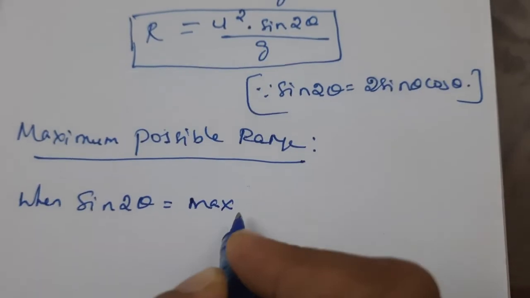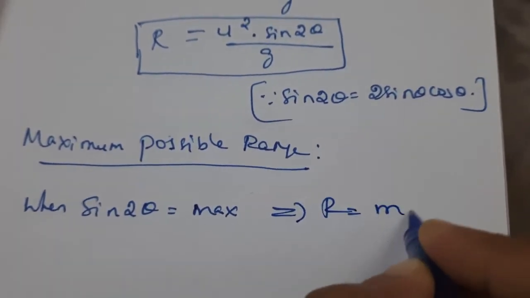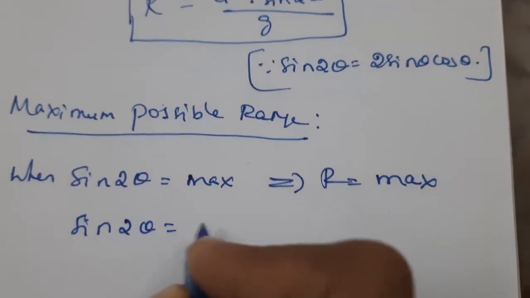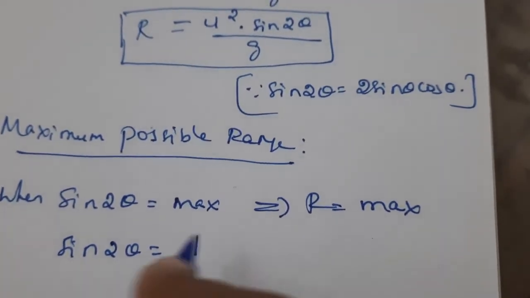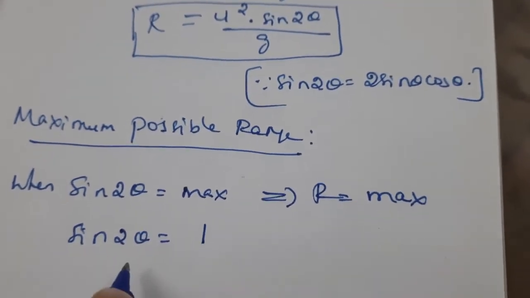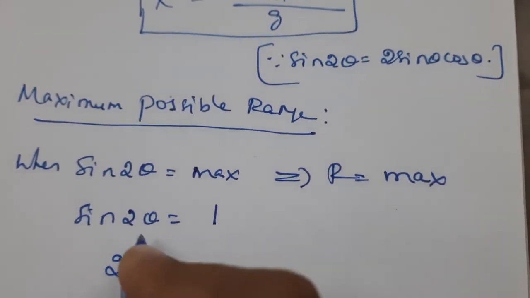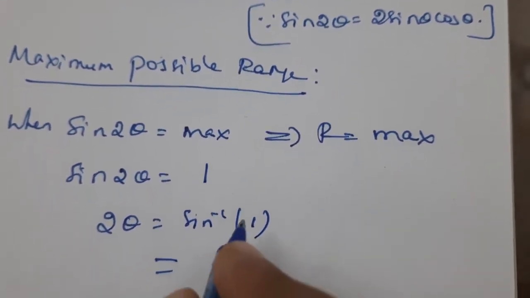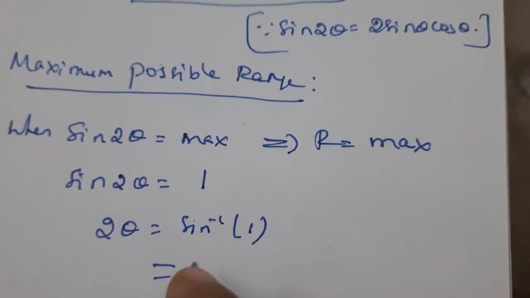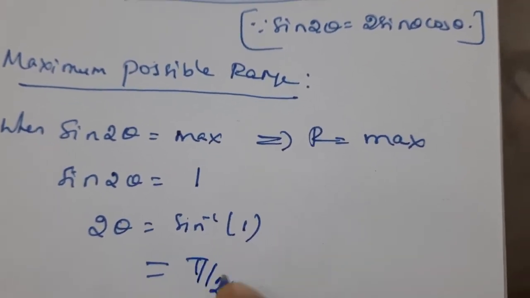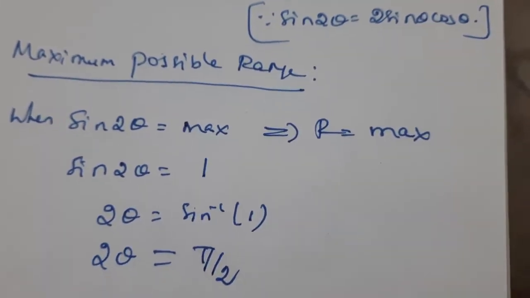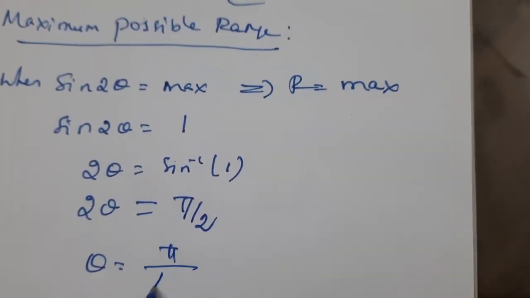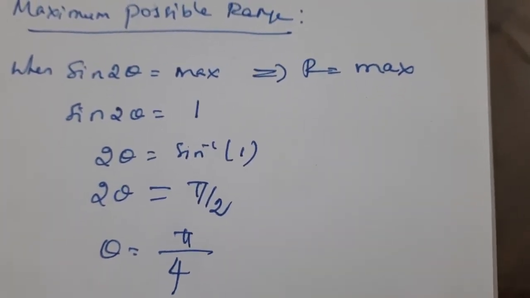The maximum value of sin is 1. So 2 theta is equal to sin inverse of 1. Which angle has sine value 1? That is pi by 2. So 2 theta is equal to pi by 2, and theta is equal to pi by 4.